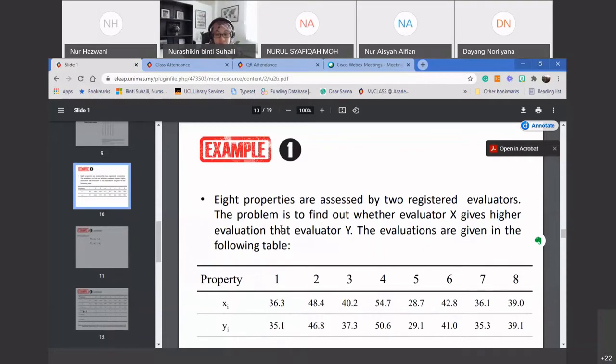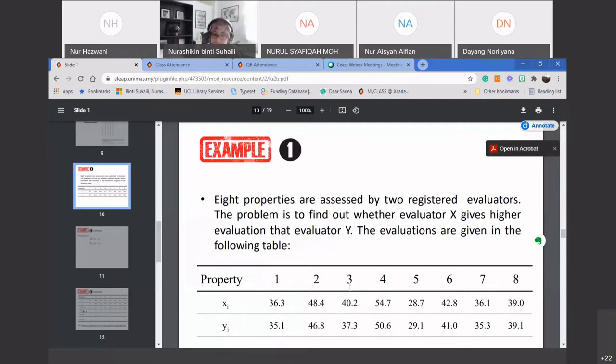Okay, so by nature, if you see this kind of problem, you can also use the sign test. If it is not stated specifically that you have to use the Wilcoxon signed rank test, actually you can also use the sign test.